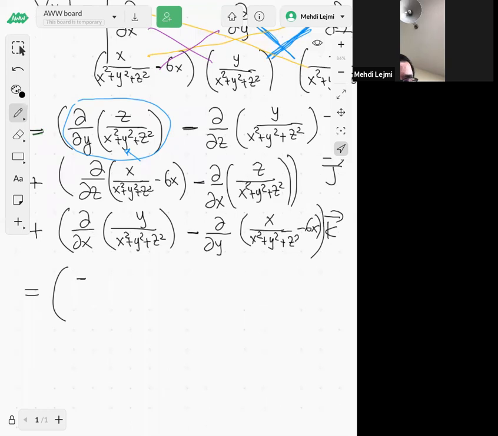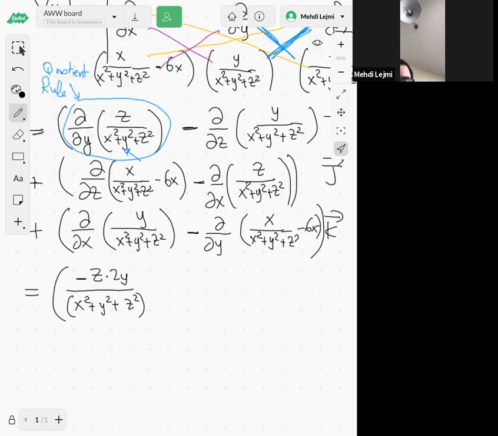So it's minus z times 2y over the square of the denominator, x squared plus y squared plus z squared. Again, I just applied the quotient rule, and since z is a constant, its derivative is 0. That's why you have this minus.